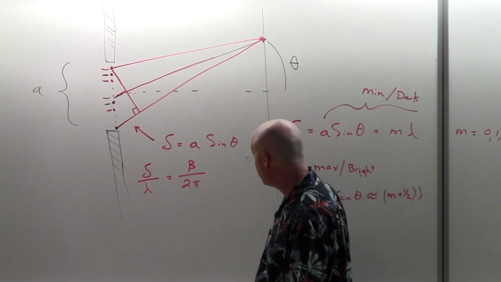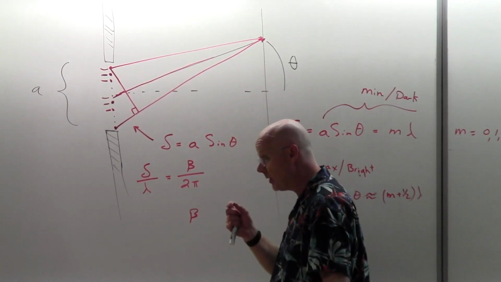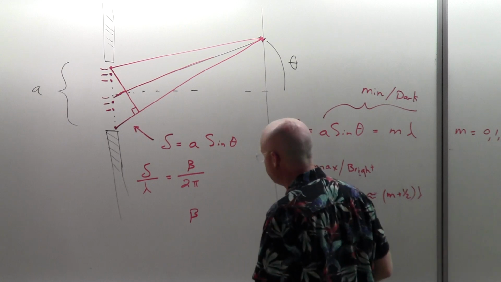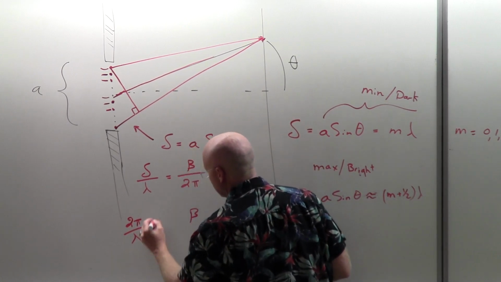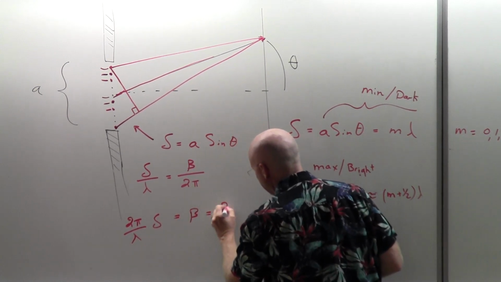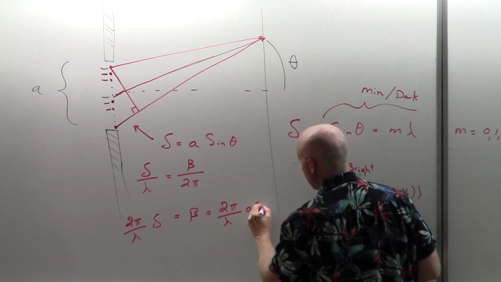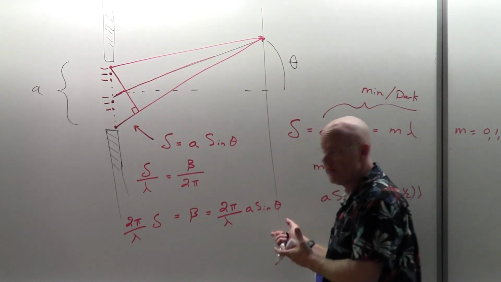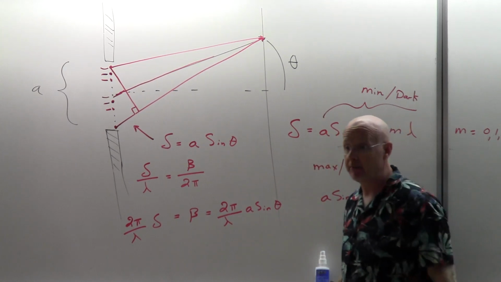All right? Which of course means that beta, the phase between the first and the last ray, would be 2 pi over lambda times delta. Now this delta is d sine theta. So again, noticing the same pattern mathematically that we saw for the double slit.